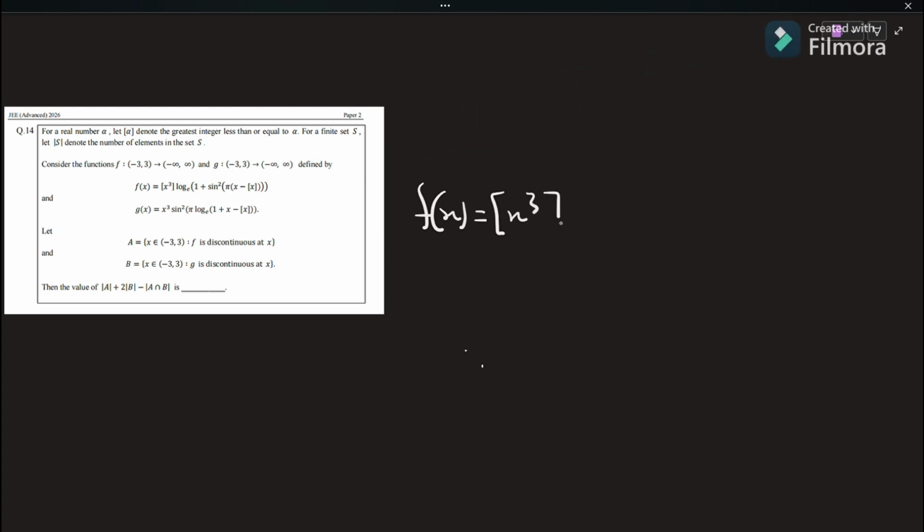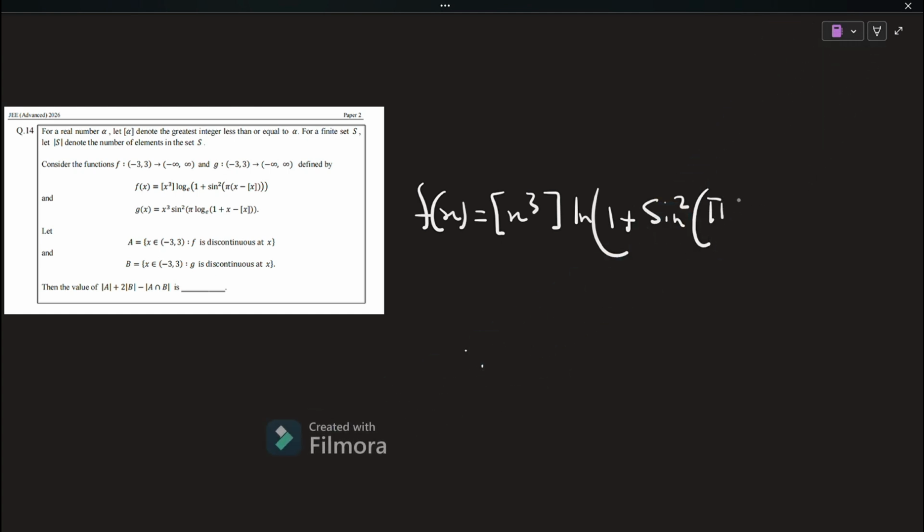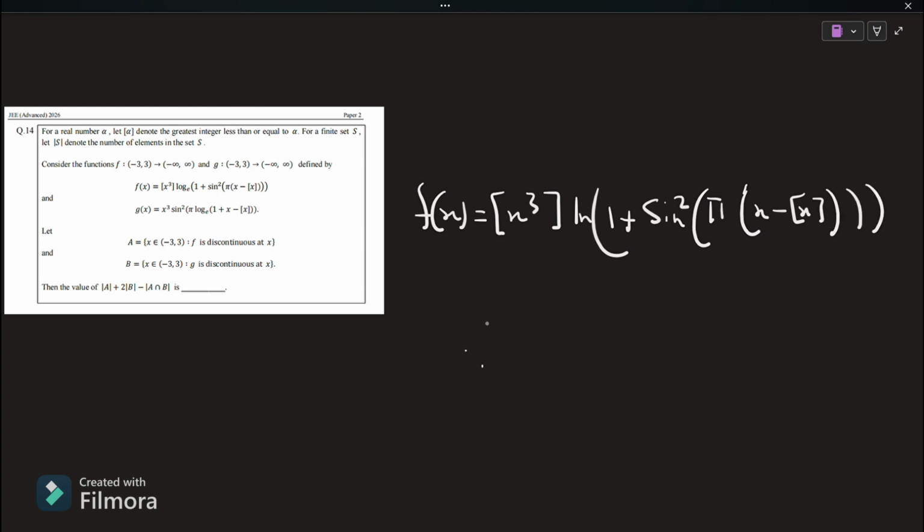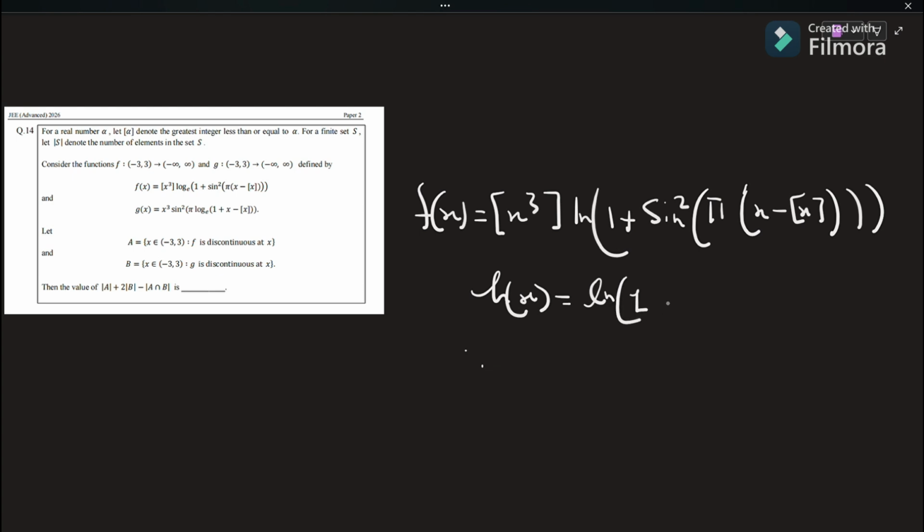So you can write f(x) equals x cube, ln of 1 plus sine square of pi times (x minus the fractional part of x), sorry, the greatest integer function of x. And let's say h(x) equals ln of 1 plus sine square of pi times the fractional part function of x.